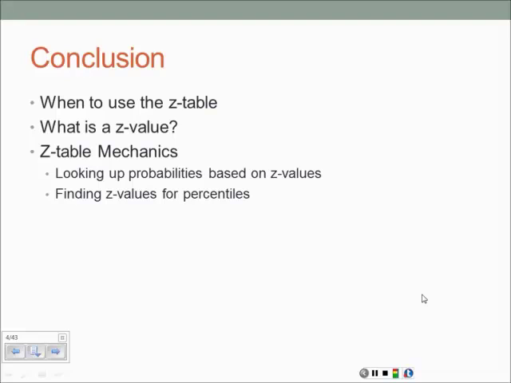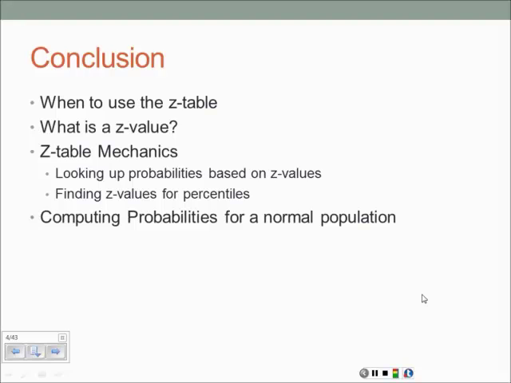Go into the middle of the table, find the 0.3, back out to the z-value, and then go that many standard deviations, in this case, above the mean. If you're looking for the 20th percentile, it'd be 0.5 minus 0.2, so we have 0.3 between the mean and that point, and we'd still be looking at 0.3 in that case, but when we got to the z-value, it would be minus because we're below the mean. The 20th percentile is below the mean. Of course, the 50th percentile is exactly the mean.